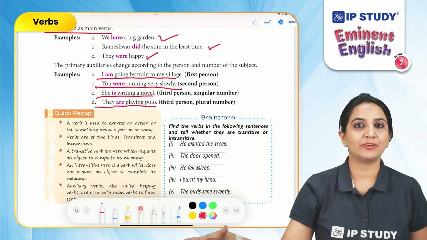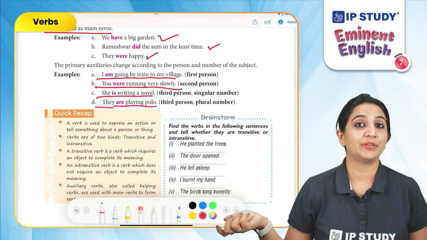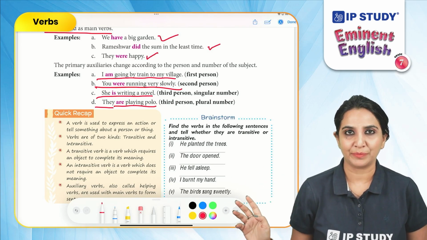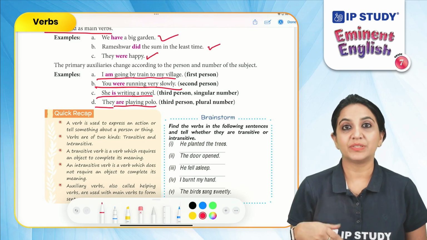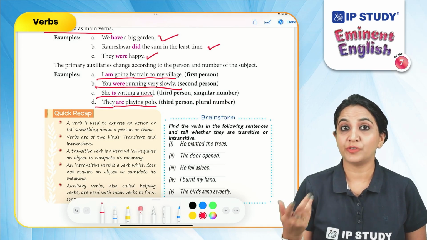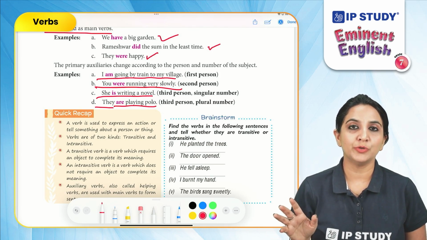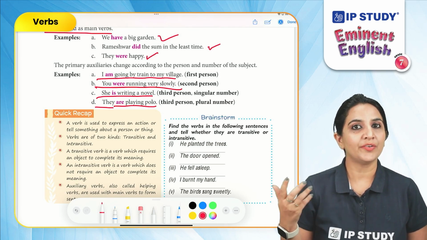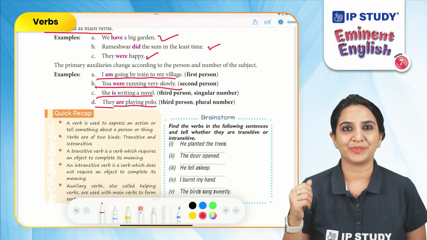If there is a singular noun, we use a different auxiliary verb, but if it is a plural noun, we use a different auxiliary verb. With the first person, we use am. With the second person, we use were or are. With the third person, we use is or are. It depends whether it's a singular noun or a plural noun.